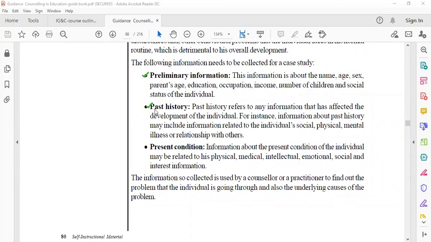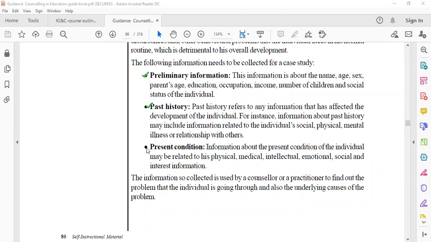This is very important. As I've told you, there are theories like Sigmund Freud's psychoanalytical theory, psychoanalysis. In that theory, we collect information about the past of a person in order to understand the present of a student. Because if we know the past of a person, then we are in a better position to understand the present problem faced by a student.